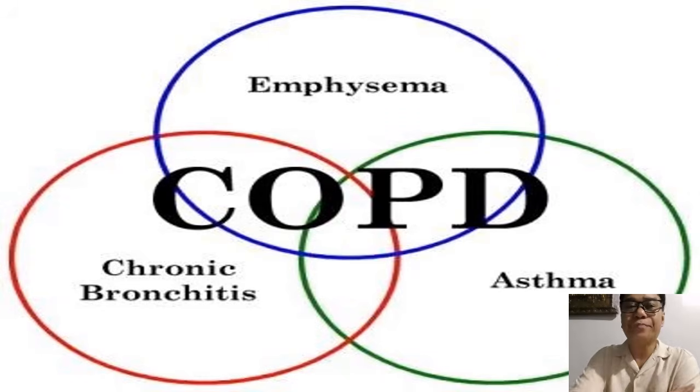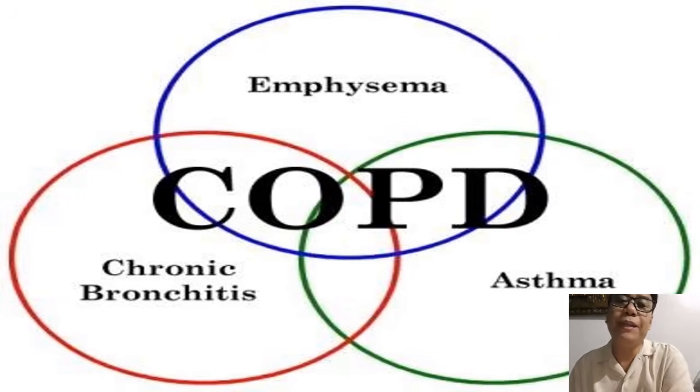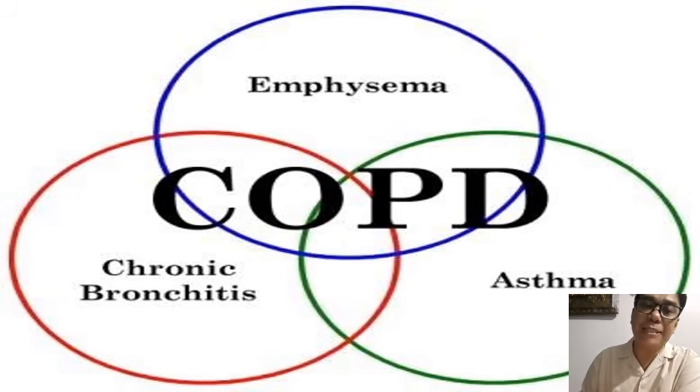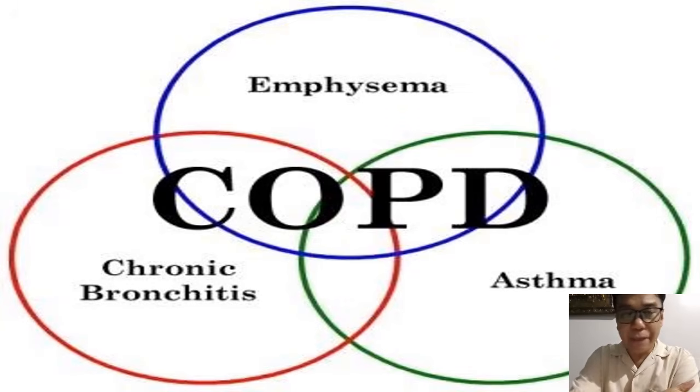What else? We could give oxygen therapy, so we can hook them to oxygen. Usually, if we hook patients to oxygen, it's around 1 to 3 liters per minute, but basically it's upon the doctor's order. We need to tell them to avoid cigarette smoking.